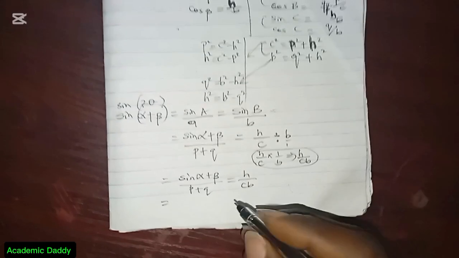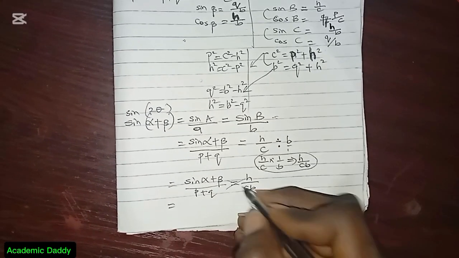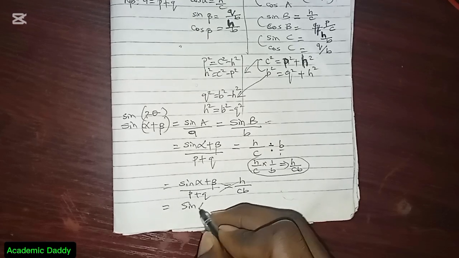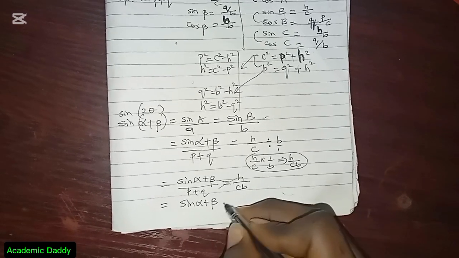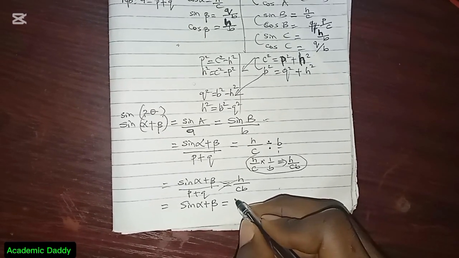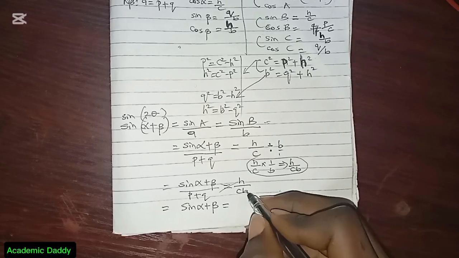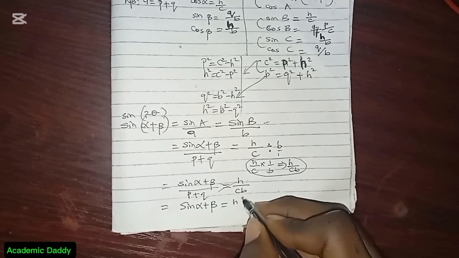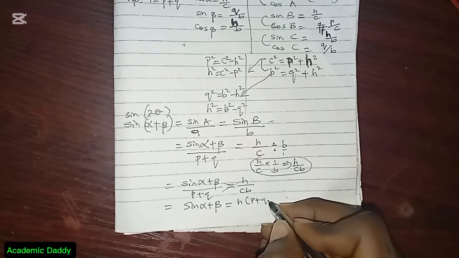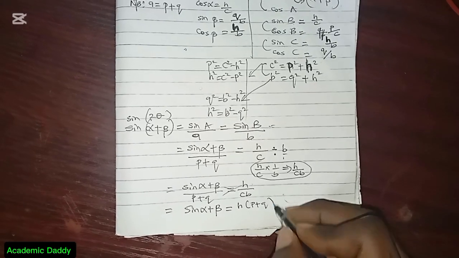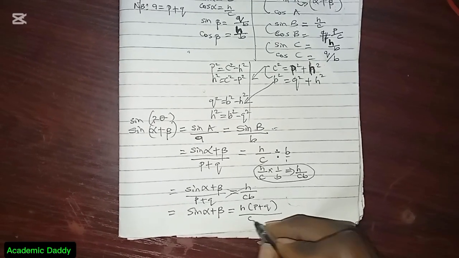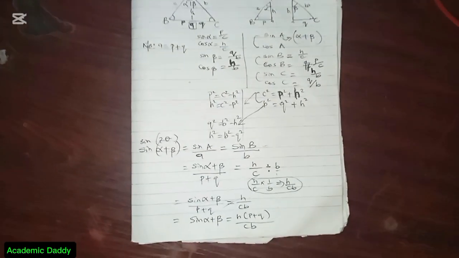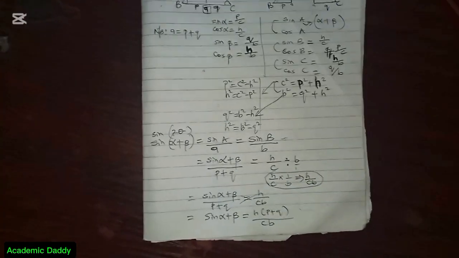Cross multiply, but don't carry this up to here, just take it to this place, so that I have sine alpha plus beta equals H into P plus Q, all over CB.